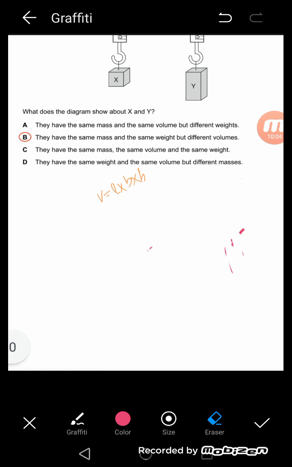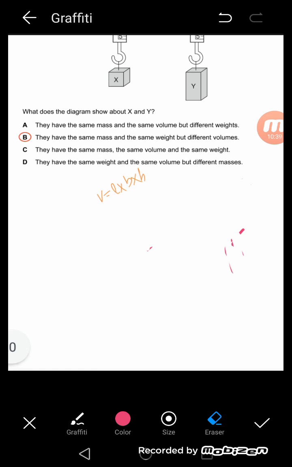But the different volume means, what is the volume? Volume is the amount of space that a substance or object occupies.